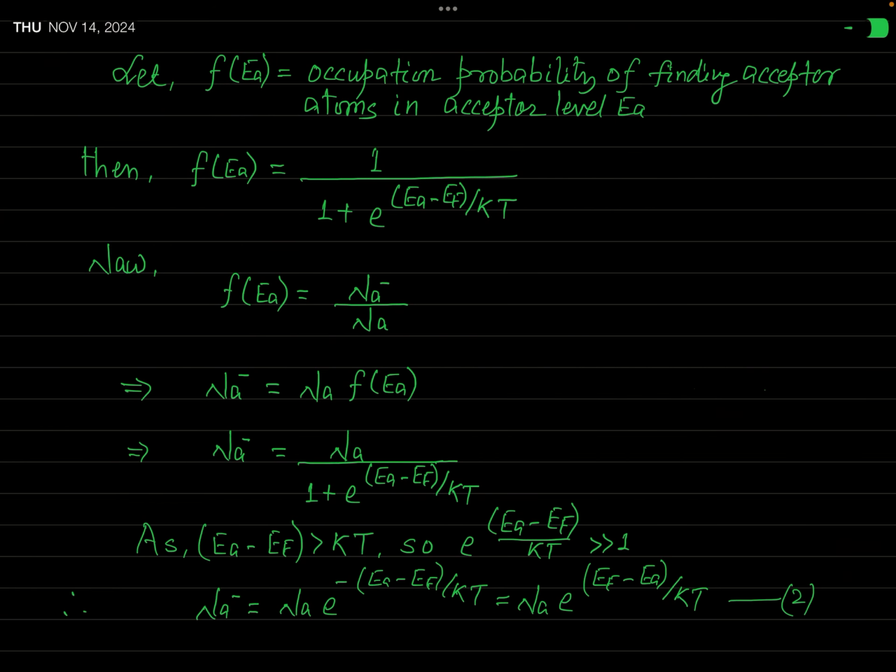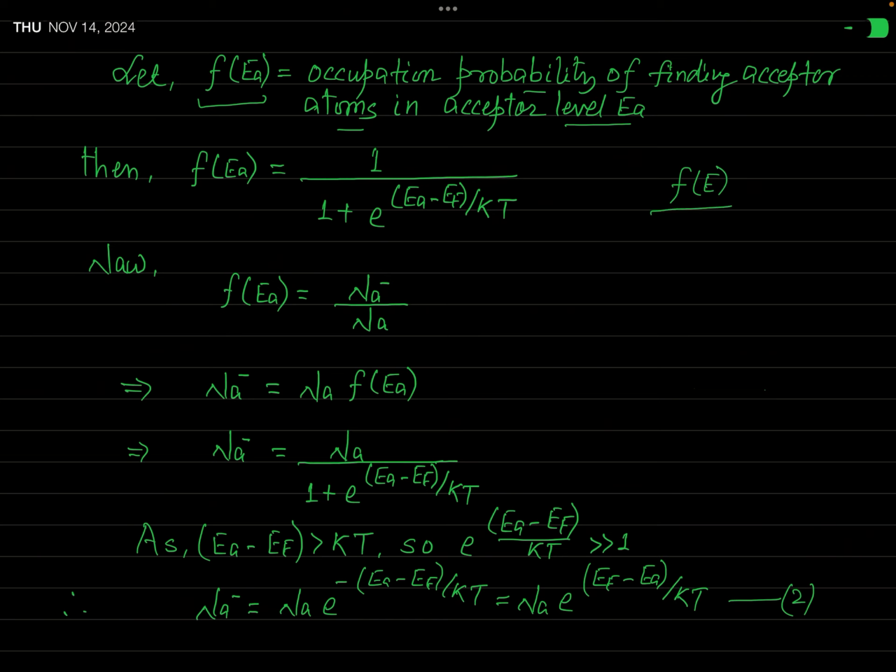For this, let us consider that F of Ea represents the occupation probability of finding acceptor atoms in the acceptor level Ea. This is the Fermi-Dirac distribution function. And you know, the Fermi-Dirac distribution function F of E is simply called the occupation probability.